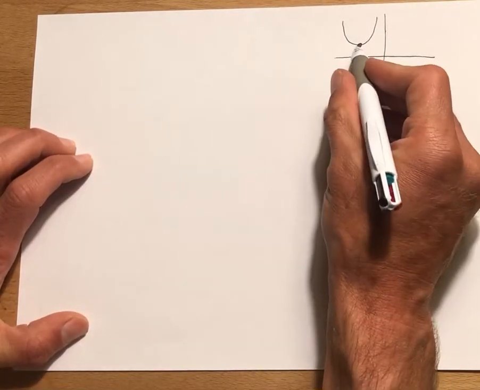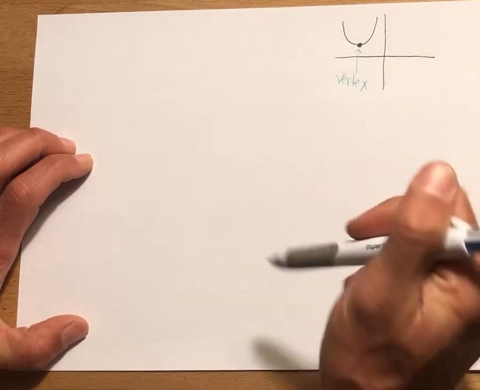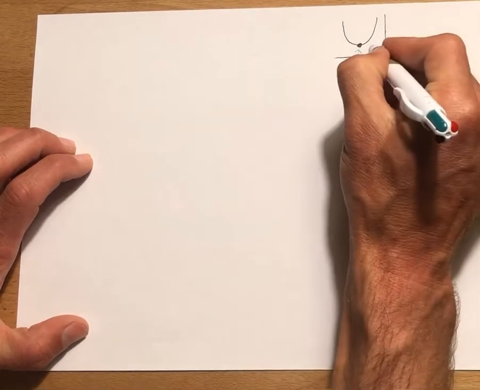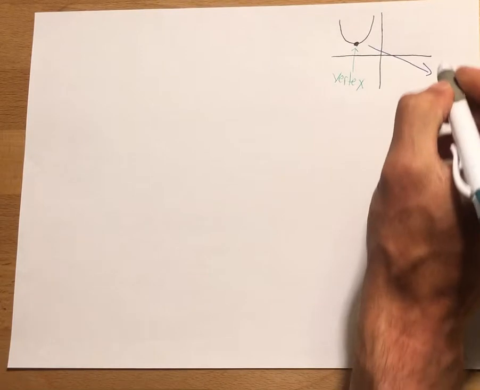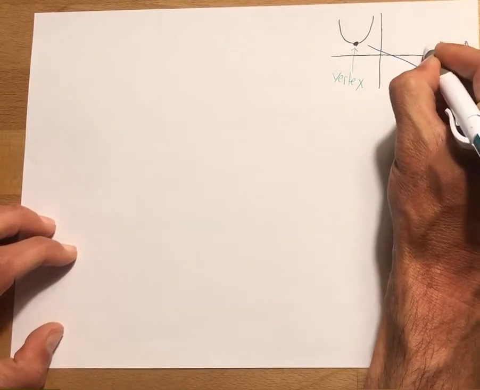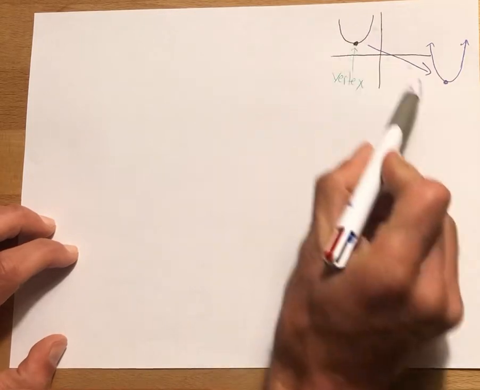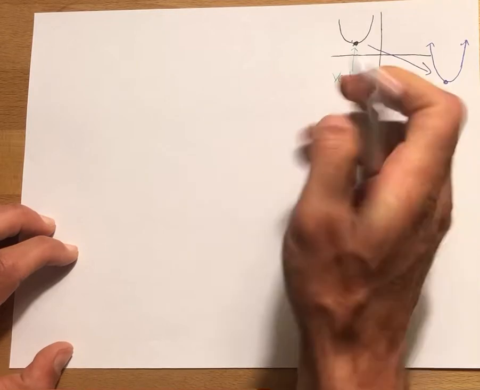But I'm going to show you how to move this little point right here. Because if you move this little point, let's say right here, to this point, technically, the shape stays the same. Let's just call this the vertex.